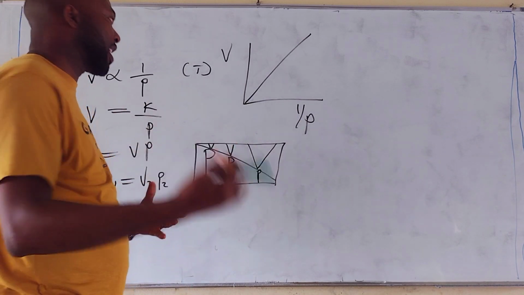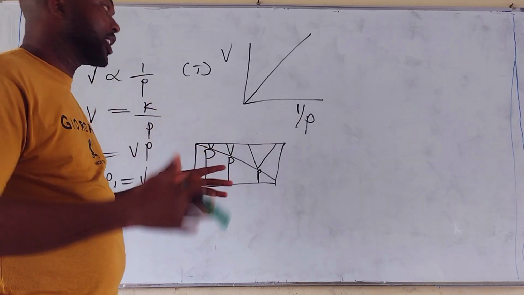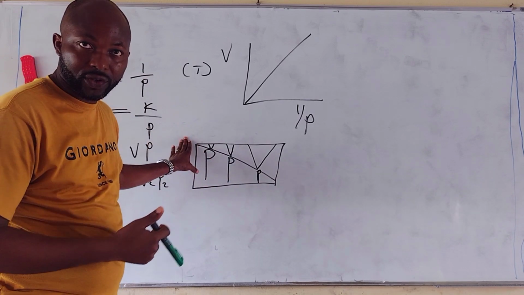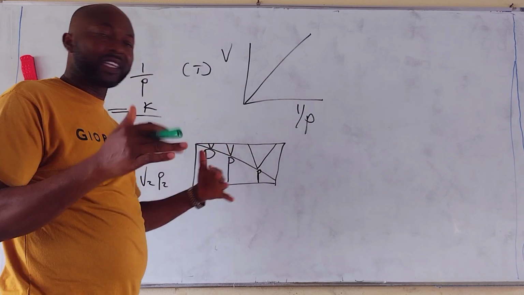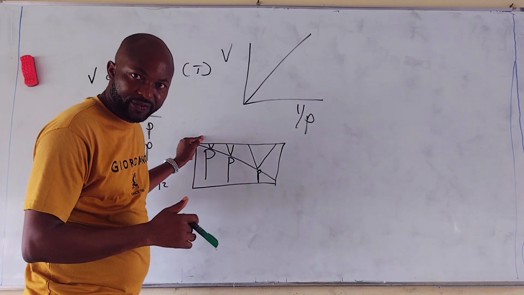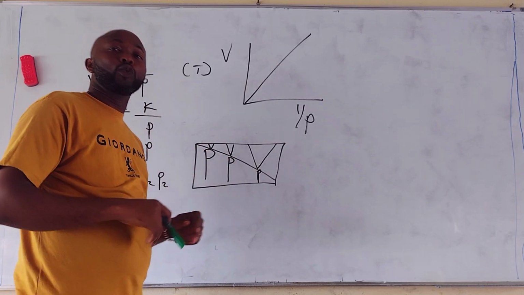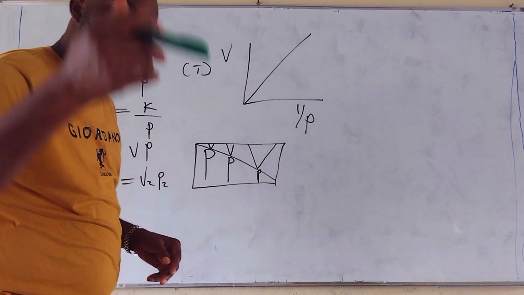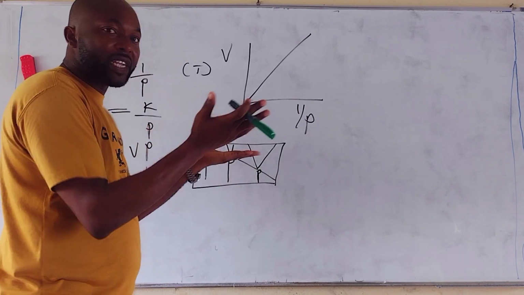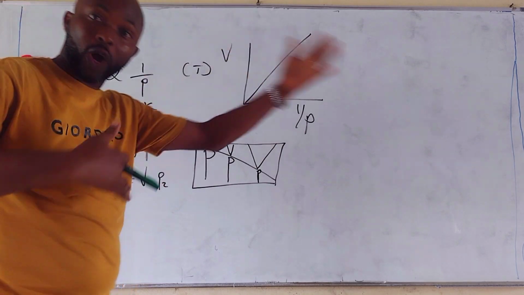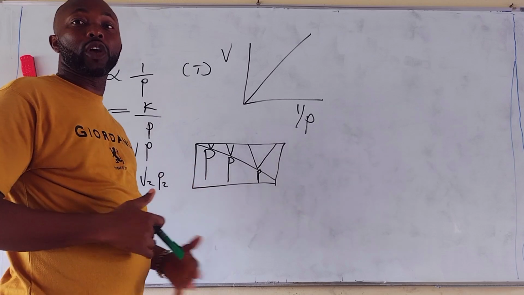So the kinetic explanation of all of this. Remember I told us earlier that the collision of the gas molecules, the kinetic energy, gives rise to its pressure. Therefore, if the volume of the gas in the cylinder is reduced by half, then the collision of the gas molecules will increase to double the rate, because the distance from where it is to the walls of the cylinder is half. So the collision increases, and as such the pressure will increase.